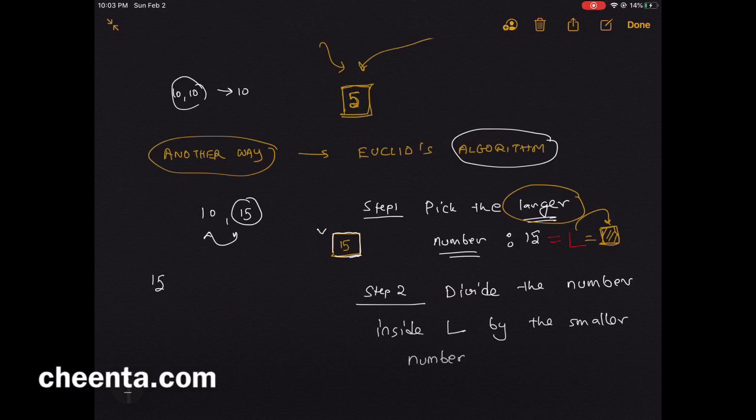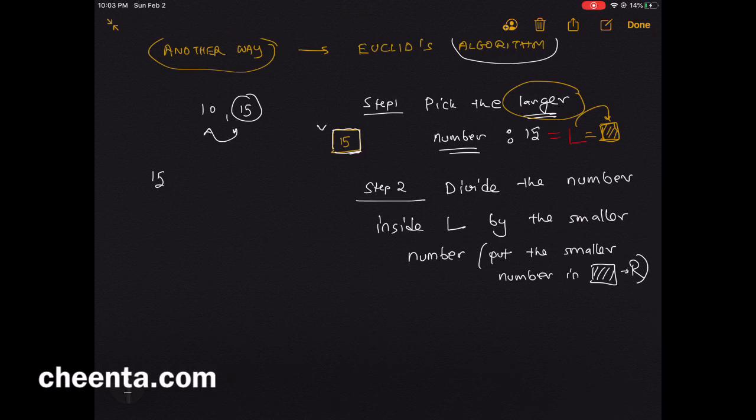And before even doing that, let's put the smaller number in another box, in a white box. Let's call it R. So we have two boxes, R and L. This first box contains the larger number. The second box contains the smaller number, which is in this case 10.